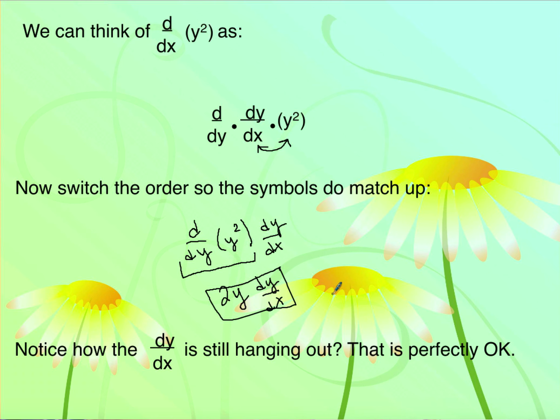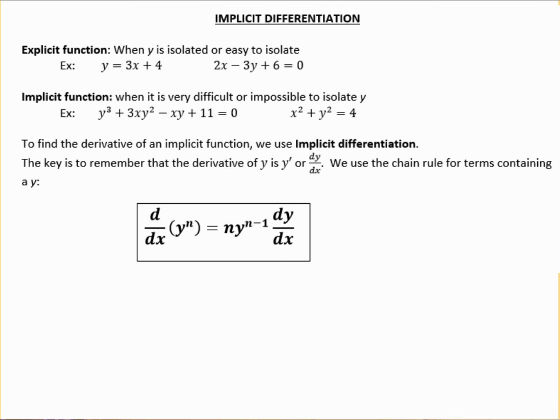It tells us that, hey, we took the derivative, but there wasn't an x there. Now you might think, this is crazy. But you know what's crazier? The fact that you've been doing this all along. I'm not asking you to do anything crazy. Every single time you took the derivative of an explicit function, like y is equal to 3x plus 4, didn't we write, oh, the derivative of y with respect to x is equal to 3?